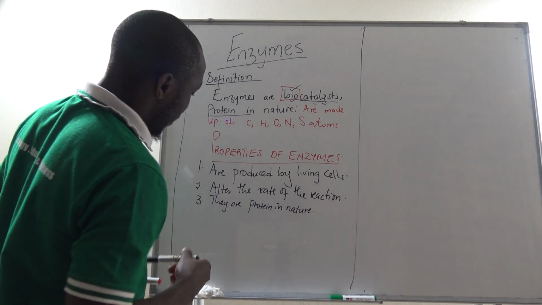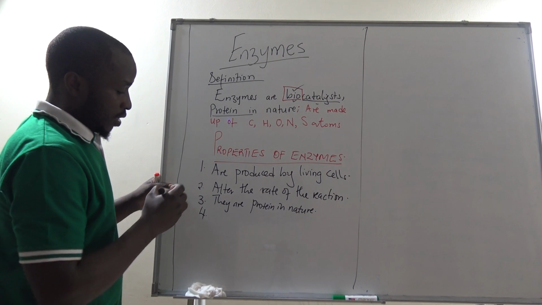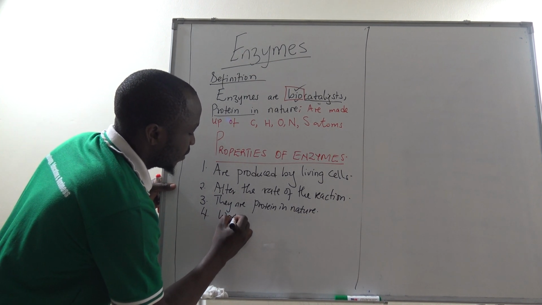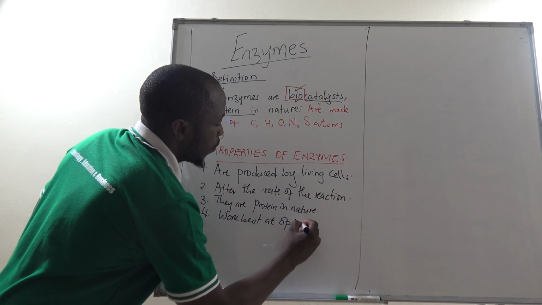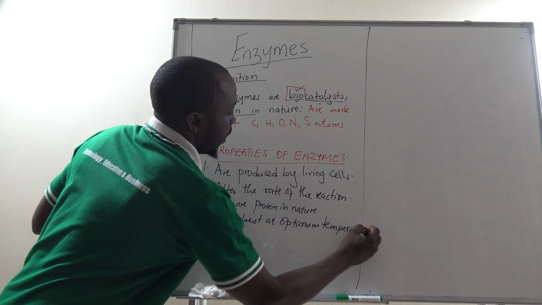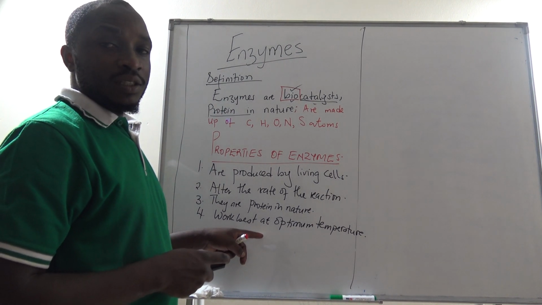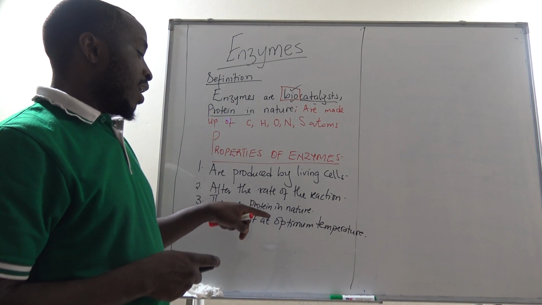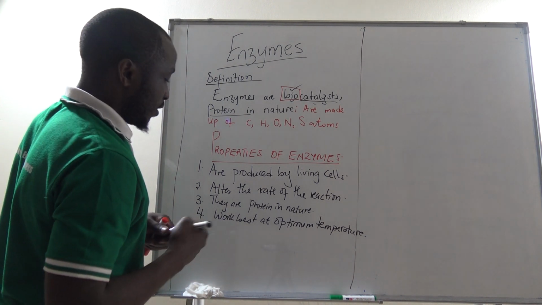We can continue further and say enzymes work best at optimum temperature. Enzymes work best at optimum temperature. We shall go further and expand this. Why do they work best at optimum temperature? And what's the effect of temperature on the rate of the enzymatic activity?